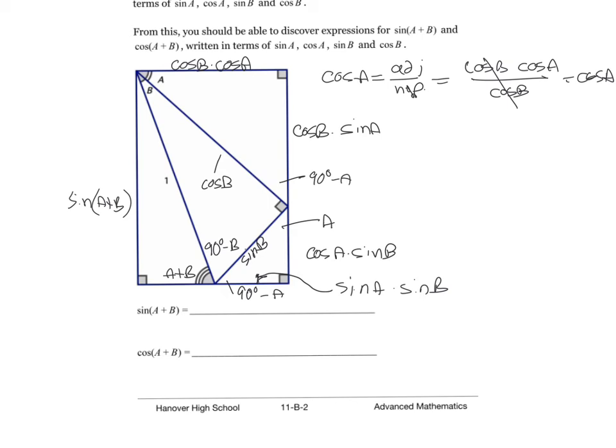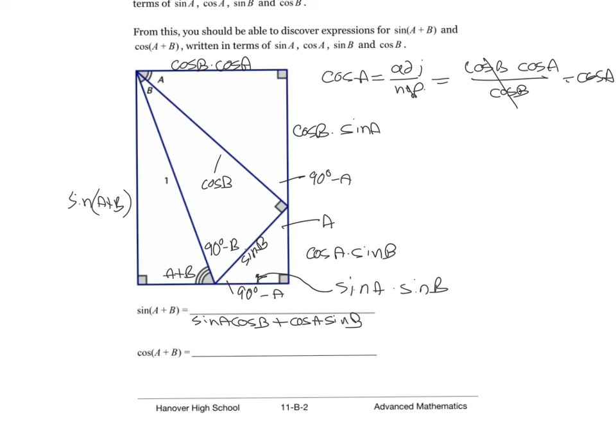Now, remembering what we did in the application problem, you remember that this entire side length is equal to this segment plus this segment. So that means I can write down here sine of A plus B equals sine of A cosine B plus cosine A sine of B. All right.